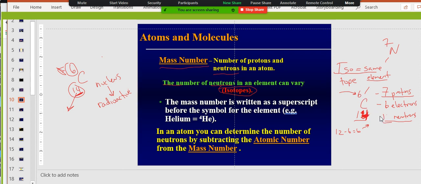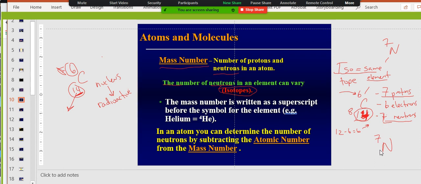Its mass was 14 before, right? And so it's nitrogen 7, but it still has the same mass. So before we had 8 neutrons, right? So now we would have how many since one became a proton? 7.